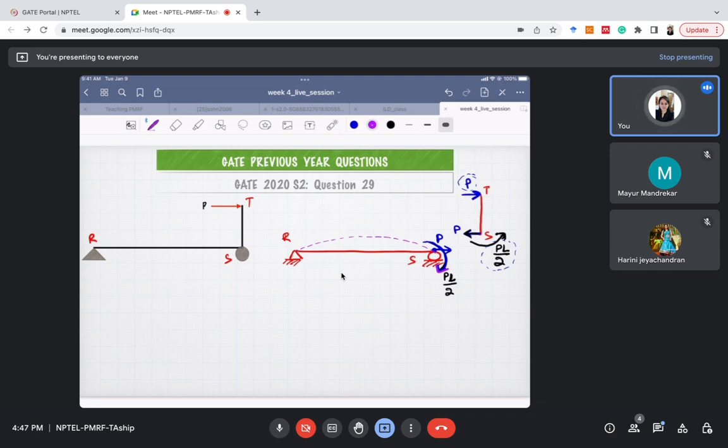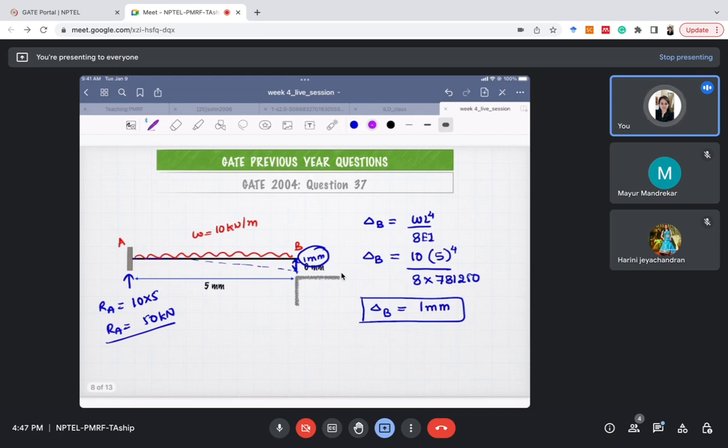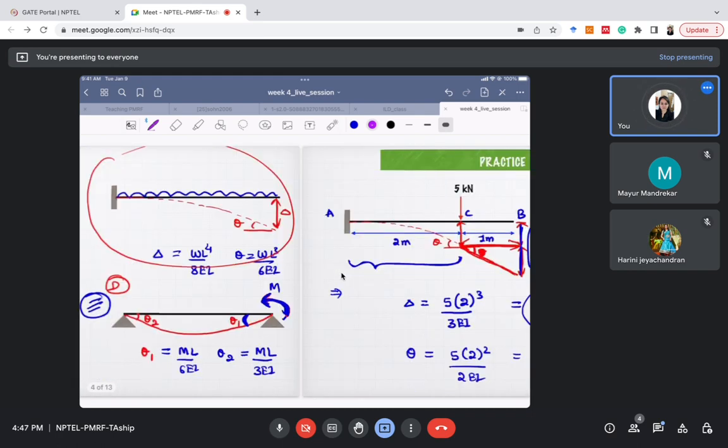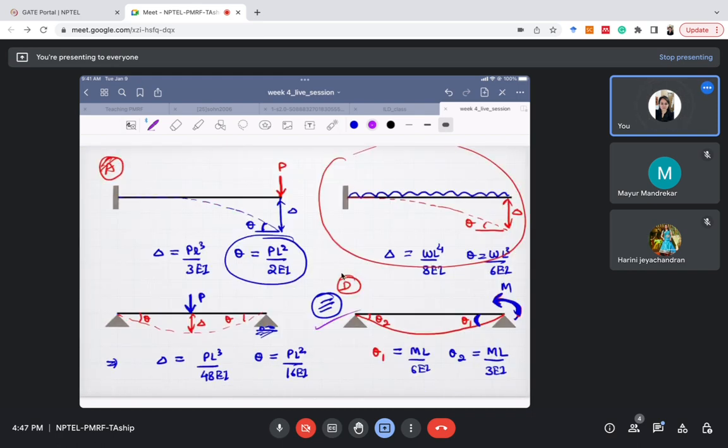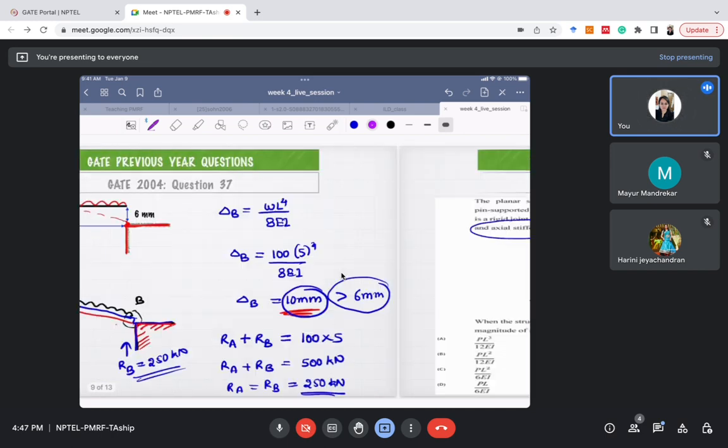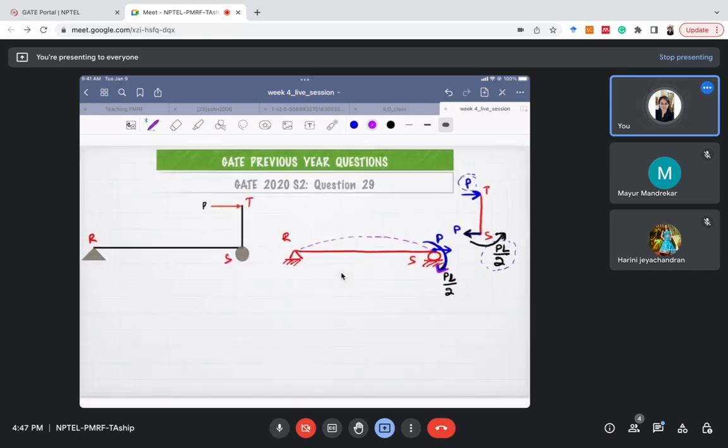Okay, so this is the deflected shape we are getting. This is the same case as we discussed, case D, in which there is a simply supported beam and we applied a moment M at one end. So this question is similar to case number D. This is the probable deflected shape for this beam, and we need to know this value.